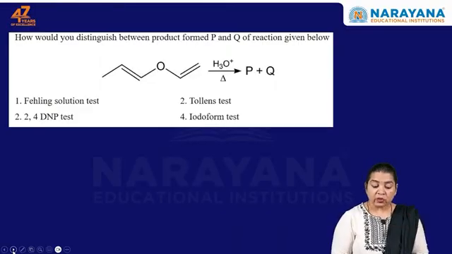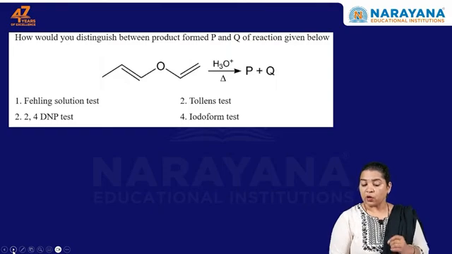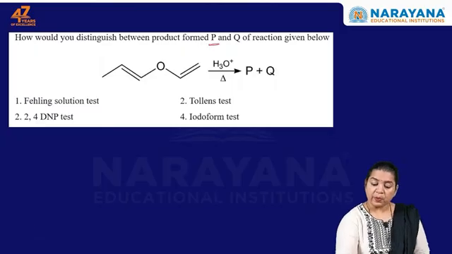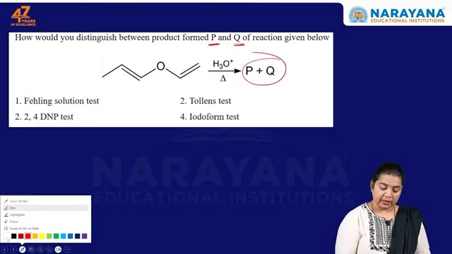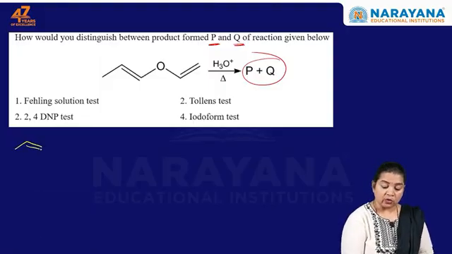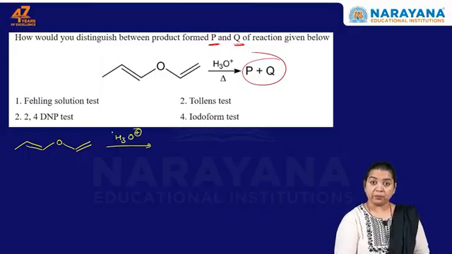This next question, how would you distinguish between product formed P and Q of the following? Here they are forming P and Q. Now the point is, what are these hydrolysis products? Then only we will be able to know what test I can use to differentiate them, right?